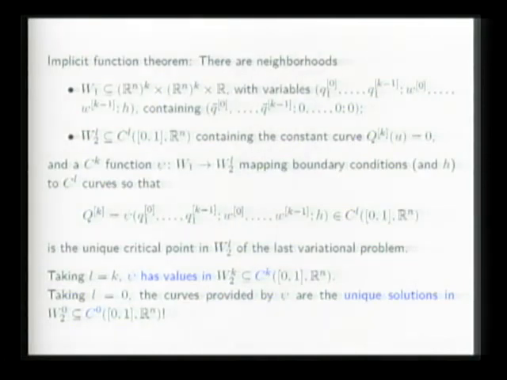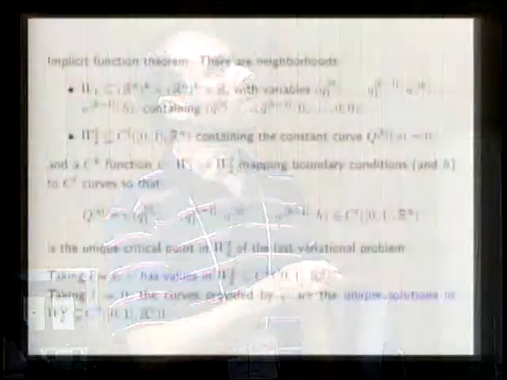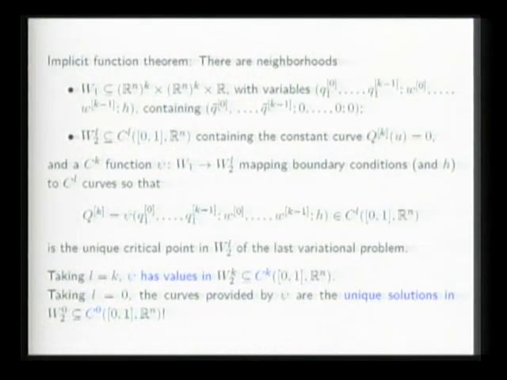So you have a neighborhood of your parameters, which were the initial values, this W, which contained in disguise the final boundary values, and the H, containing the point where you were working, which was exactly this one, and a neighborhood of the constant curve, which was also the point that you were working with.